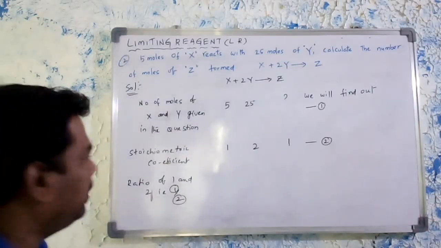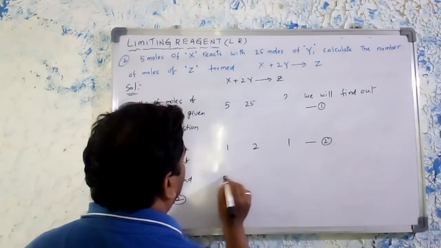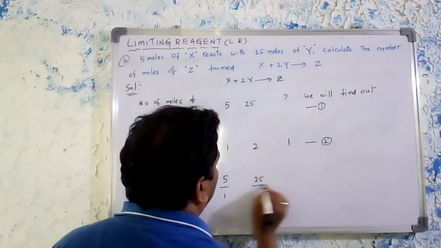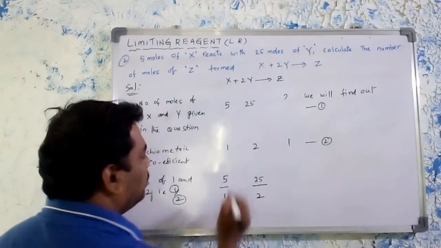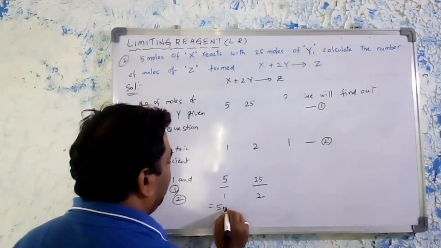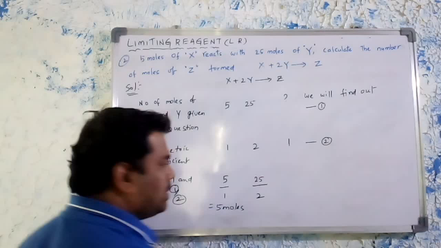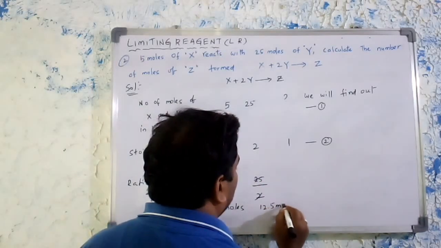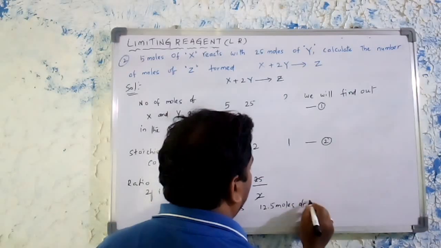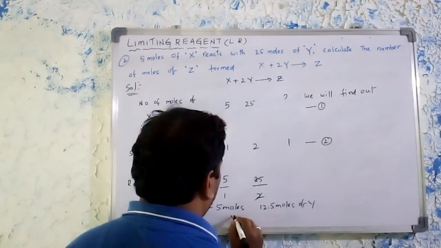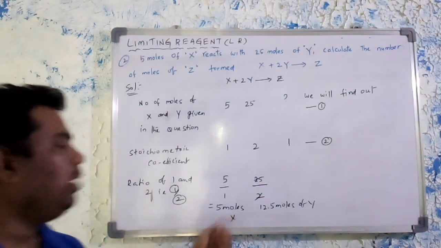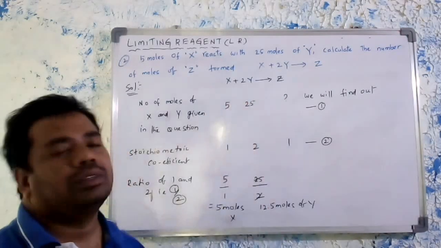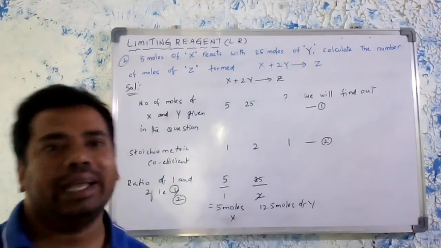So 1 by 2 is equal to 5 divided by 1 and 25 divided by 2. So that is equal to 5 moles of X and 12.5 moles of Y. So 5 moles of X and 12.5 moles of Y react with each other and form Z as a product.